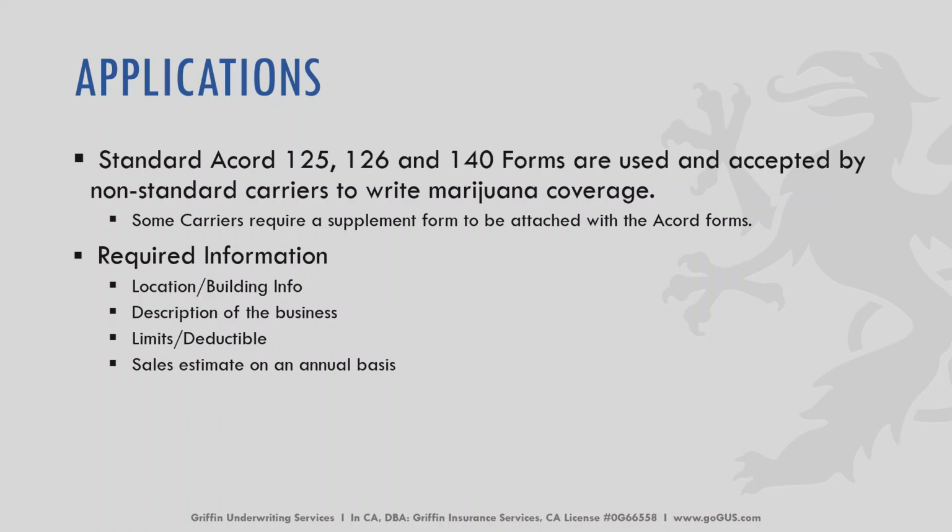Required information on these, we need the location, the building information, the description of the business, limits and deductibles, and estimated sales on an annual basis. Basically, you're going to treat this just like a regular business as far as information. Just be sure to offer as much information as you possibly can.